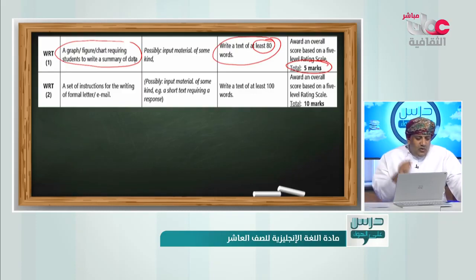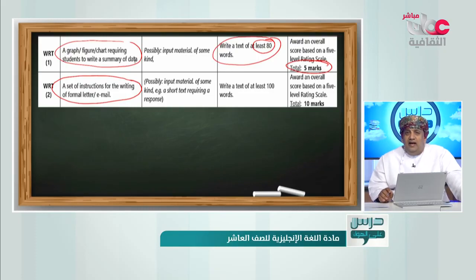The second question, writing two, you are given a set of instructions for the writing of a formal letter or email. Look at this word, formal. It's not informal, it's formal, رسمي. رسالة رسمية, or email.